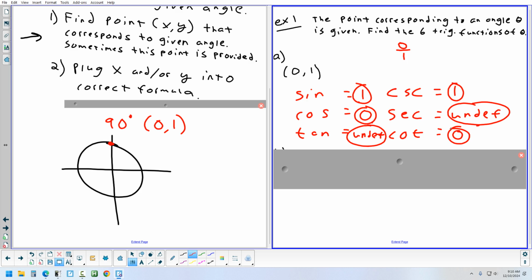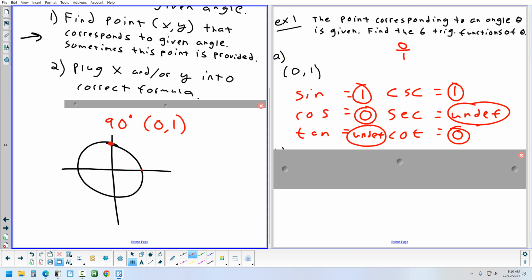All right, so while we have this up, let's just see if we can figure out the coordinates for the other quadrantal angles. What do you think the coordinate would be for 0 degrees on the unit circle? Yeah. 1, 0, perfect. How about the coordinate for 180 degrees? Negative 1, 0.